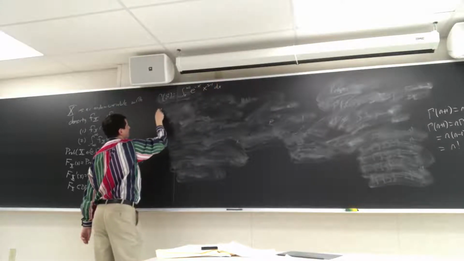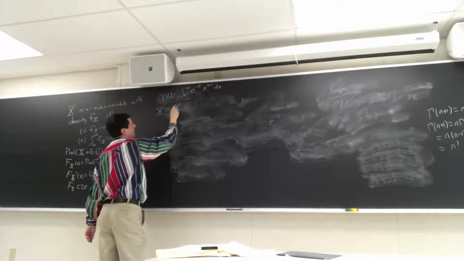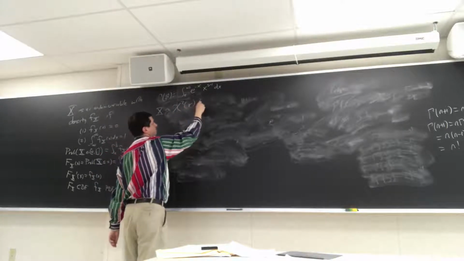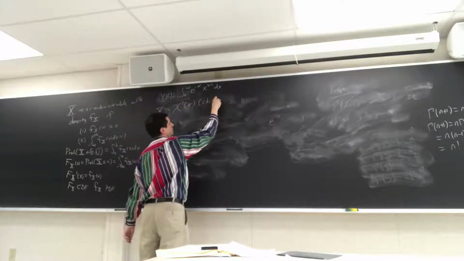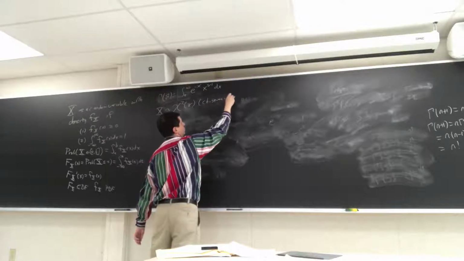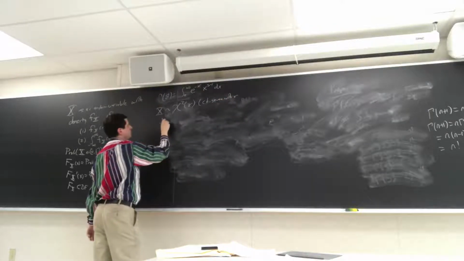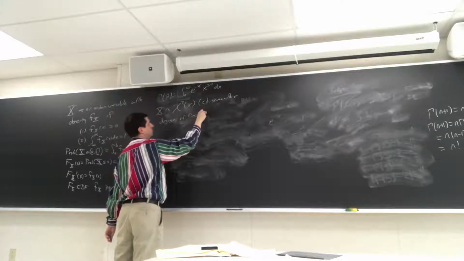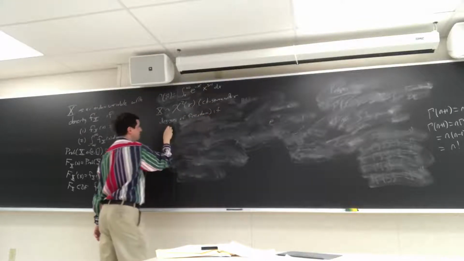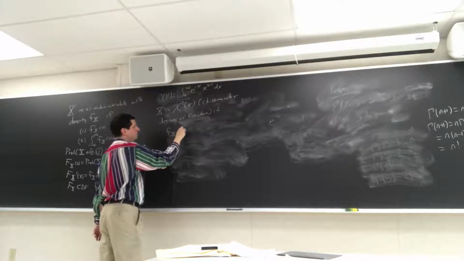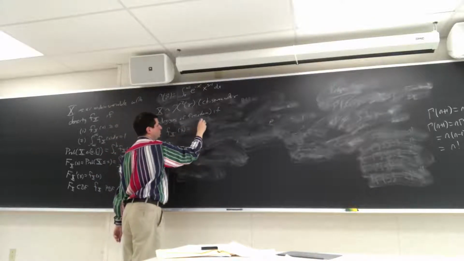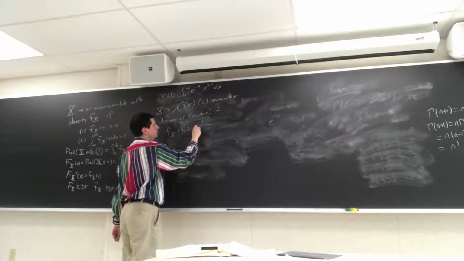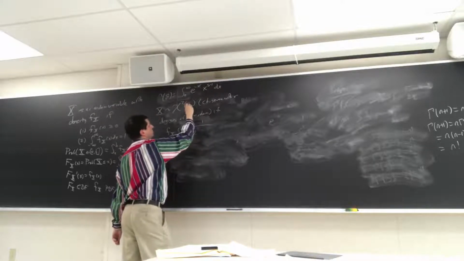We say x has a chi-squared distribution with k degrees of freedom, chi-square with k degrees of freedom, if the density function is equal to 1 over 2, actually I think I'm using k in my notes.